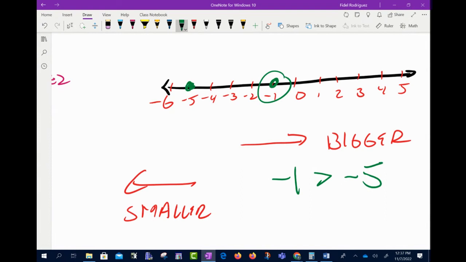Why? Because it's further to the right. Or numbers that are to the left are actually smaller, okay? So if -1 is bigger than -5, that means that -5 is smaller than -1. So as I start to move to the left, these numbers over here, y'all, are actually smaller, okay?